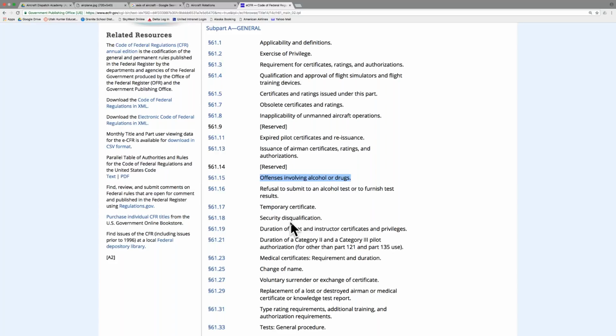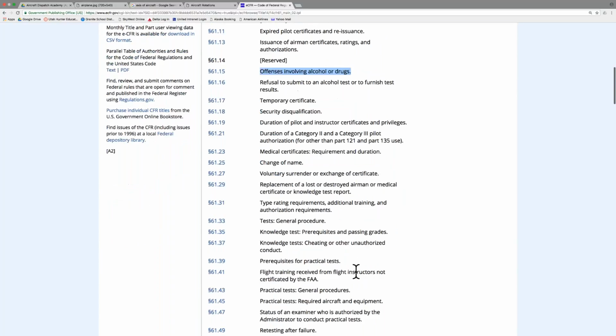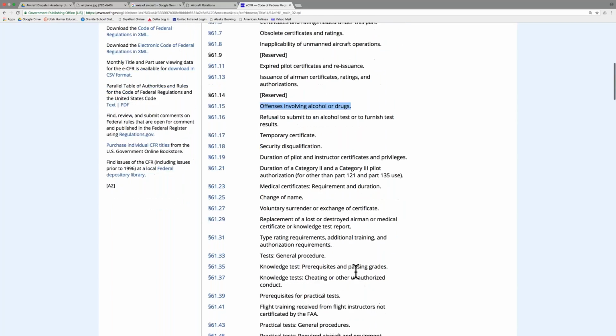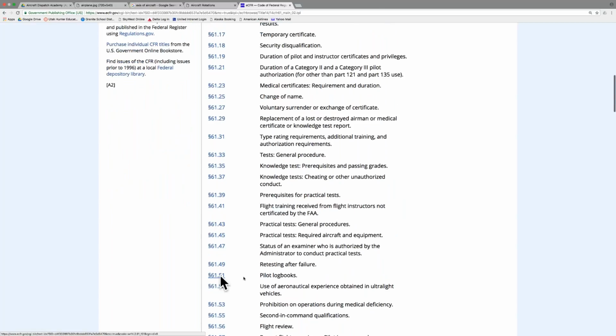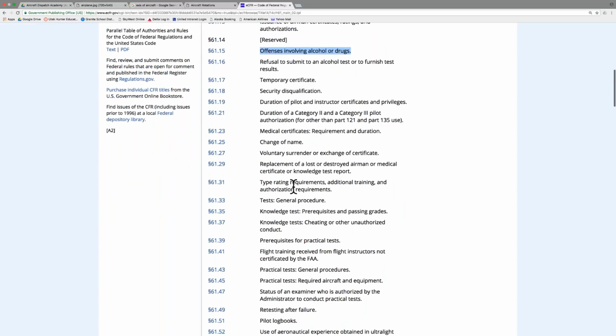What is required of the crew? Just make sure that that's what you guys write down. It talks about their logbook, their retesting after a failure of a test. A lot of this information we just don't really need to know. These medical certificates, I know there's several questions on the ADX about medical certification for pilots.